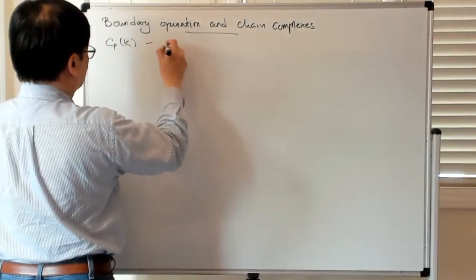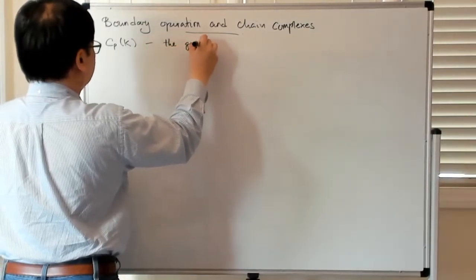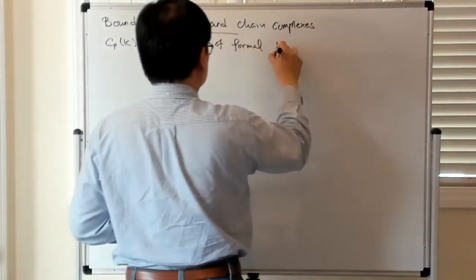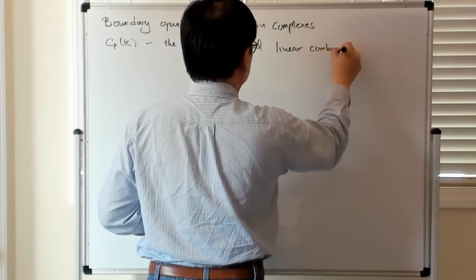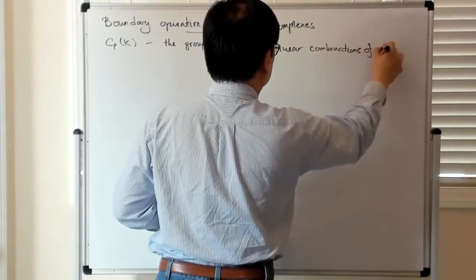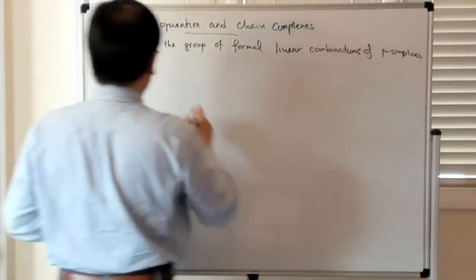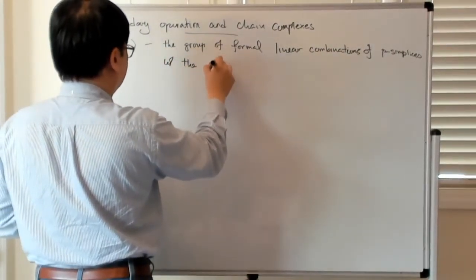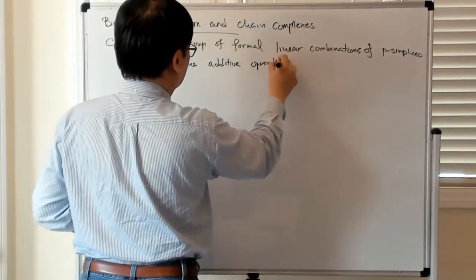So these are the group of formal linear combinations of p-simplices, with the additive operation as the group operation.